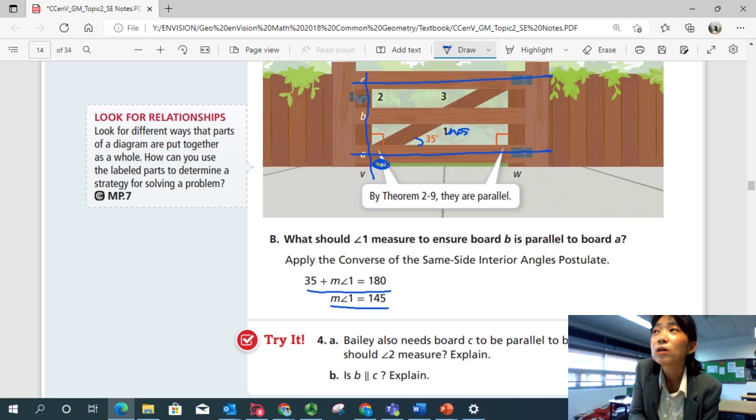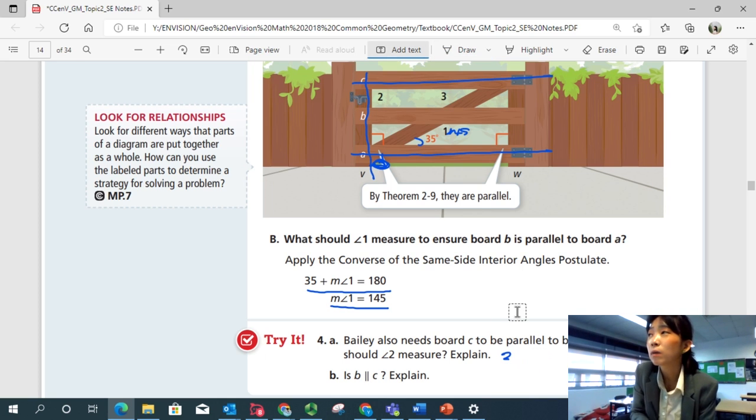So this angle has to be congruent to angle 2. But what is this angle? Because your linear pair for this angle is 90 degrees, you know this angle must be 90 degrees, right? So that means your angle 2 must be 90 degrees as well. So angle 2 is 90 degrees.